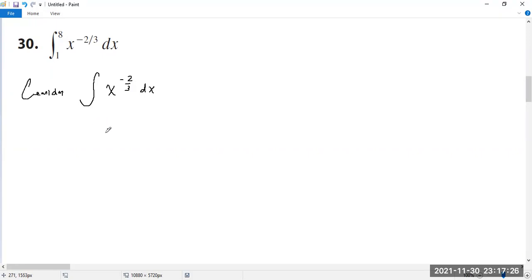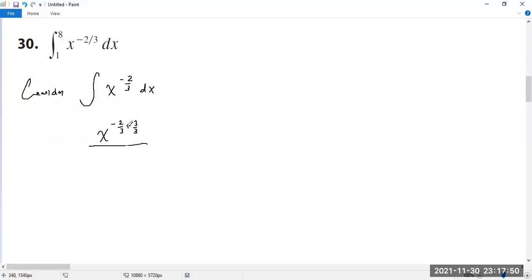So we'll follow that rule where we'll say, okay, this is x to the -2/3. We'll add 1 to the top, which is the same thing as adding 3/3. This format, grabbing it from the denominator and then putting it top and bottom, allows us to add 1 in a very simple way where we can just go across. And then we'll divide by whatever that exponent is.